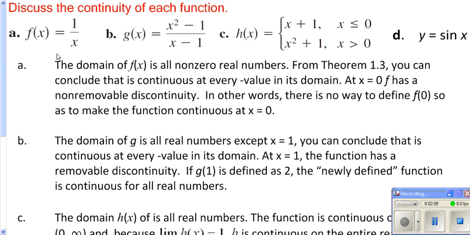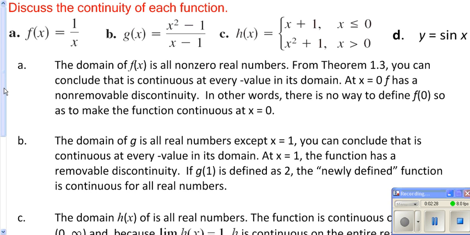Your limit on the right would go towards positive infinity. Your limit on the left would go towards negative infinity, so it would not pass the second test. It doesn't pass the first part of the definition either because it's not defined at x equals 0.